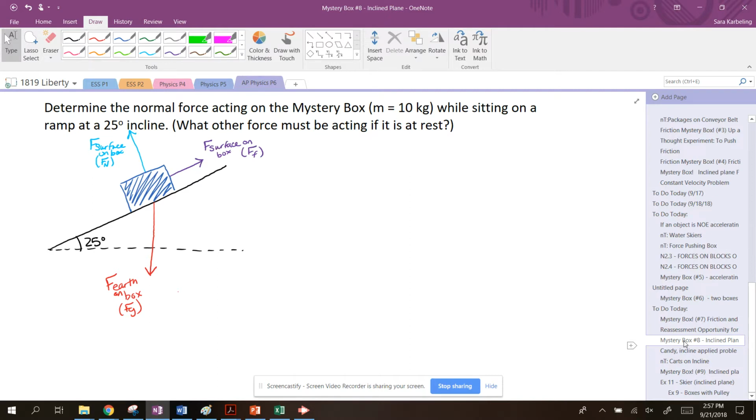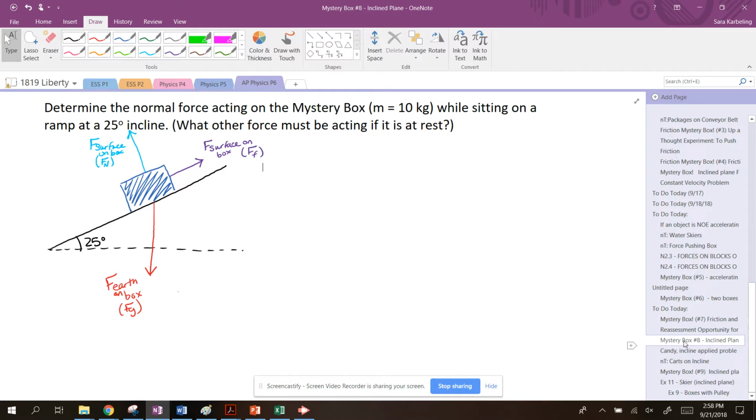So unlike the other one, where we were playing with that force at a funny angle, we get to break up gravity this time. It's a little strange, but we can do it. So here we go. This is the hard part. When you're breaking up a force into components, the original force needs to be the hypotenuse of that triangle.